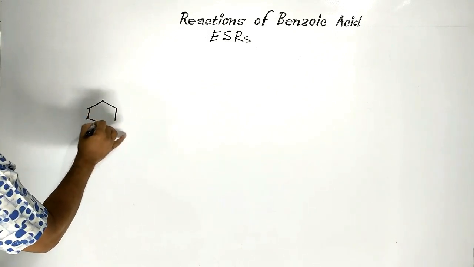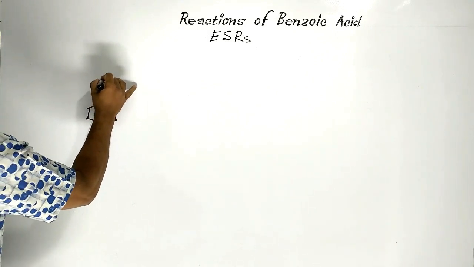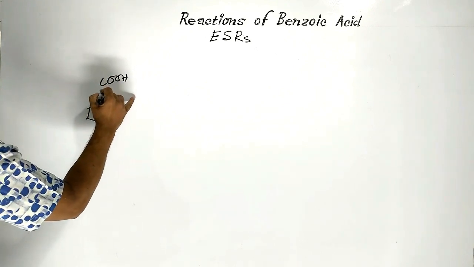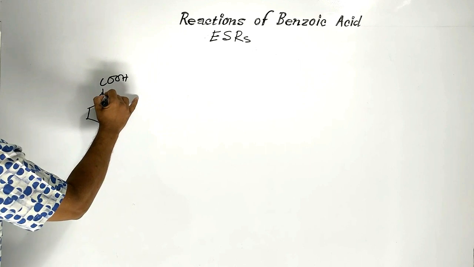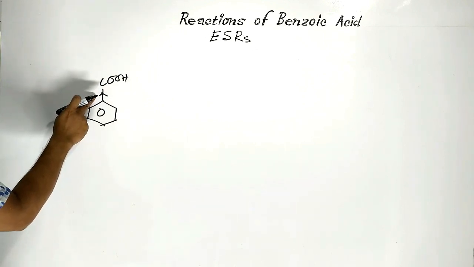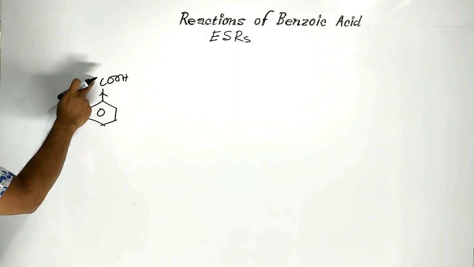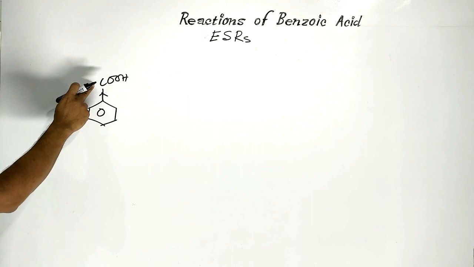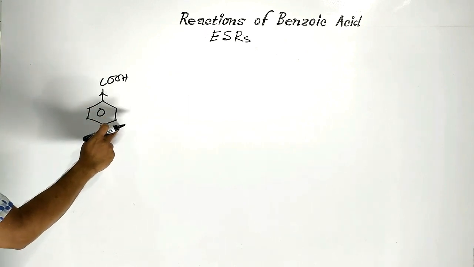Benzoic acid, in which carboxyl group is a kind of electron withdrawing group. As carboxyl group is electron withdrawing group, carboxyl group deactivates benzene ring. Carboxyl group is a kind of meta-directing group.